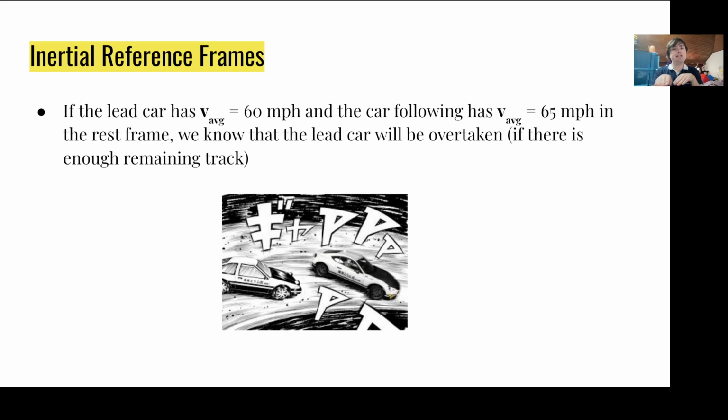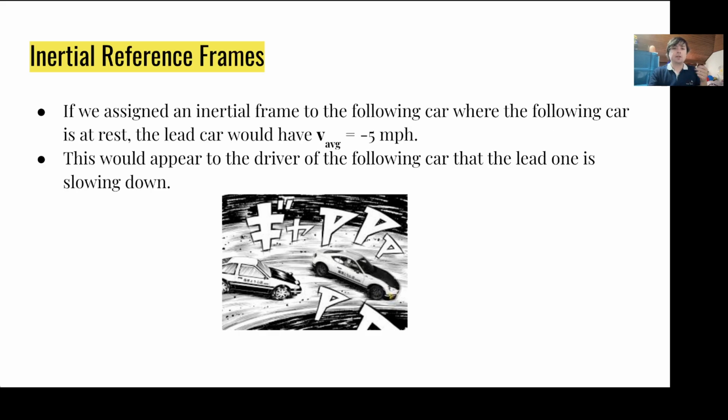So for example, if the lead car is going an average speed of 60 miles per hour and the car behind is going 65 miles per hour, both in a rest frame, so like at the start line of the track, then we would know that if there's enough track left, eventually the car that's going faster will overtake.